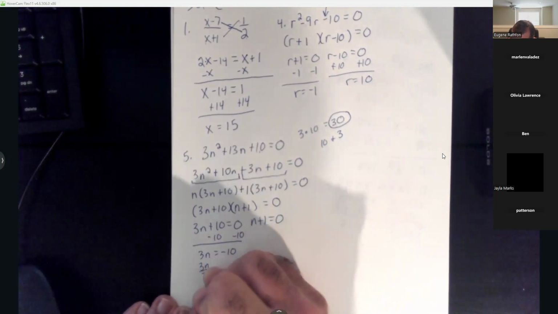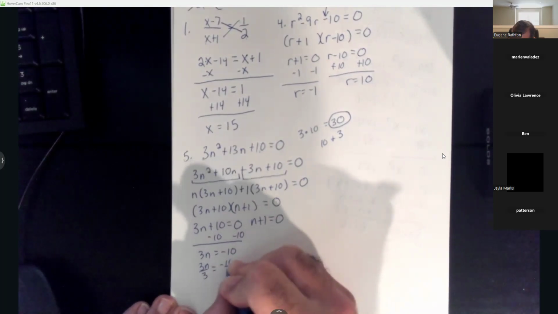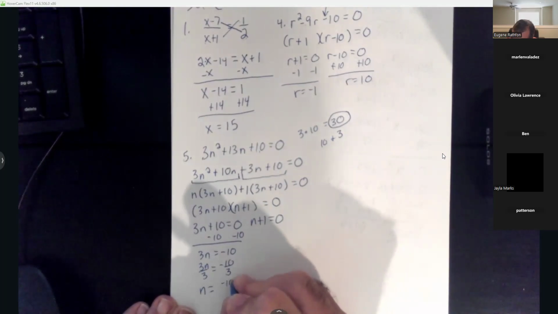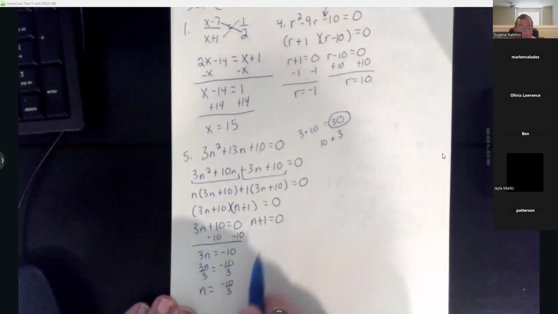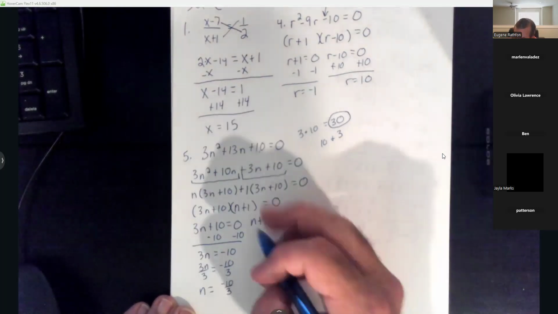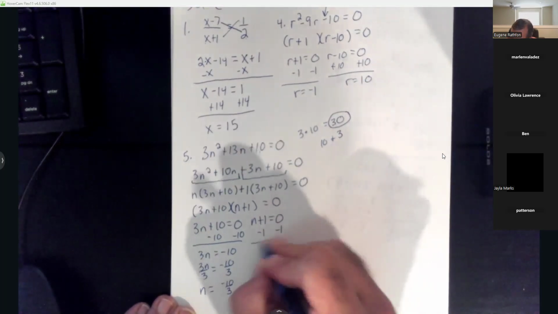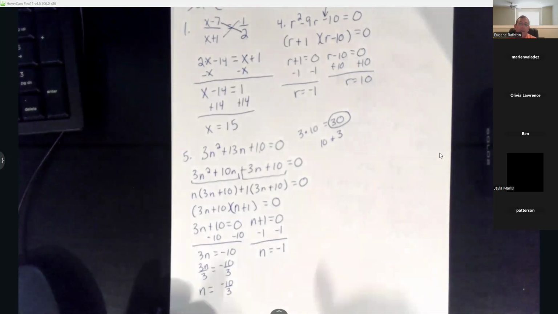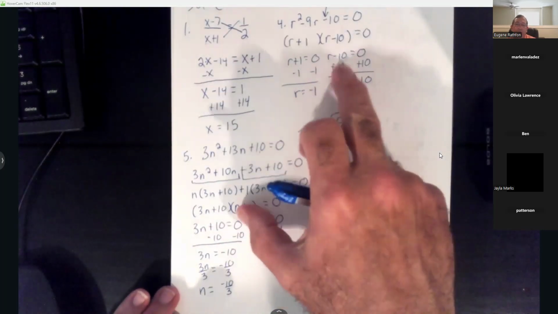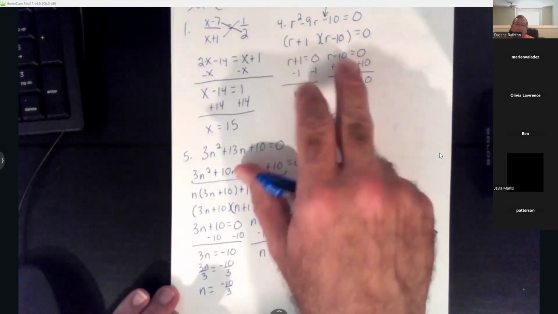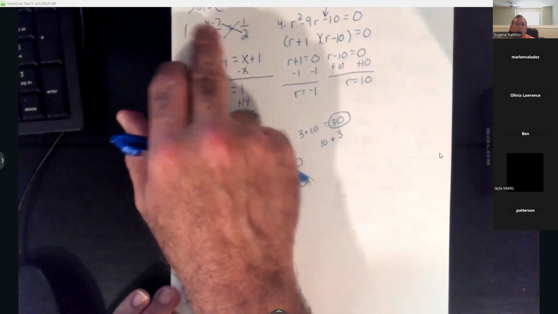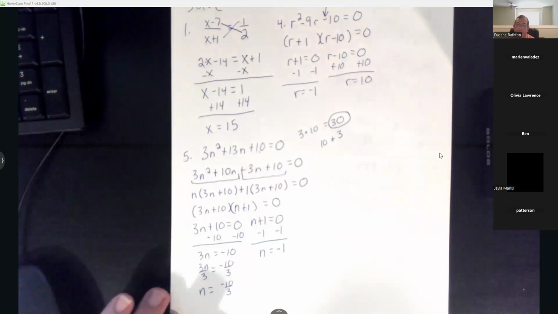Divide by 3. Looks like n will equal a negative 10 thirds. On the second one, all I got to do is subtract 1 and get n is a negative 1. So these problems, we're just going back to get you really sharp on your factoring. 1, 2, and 3 are doing the cross multiplying stuff, okay?